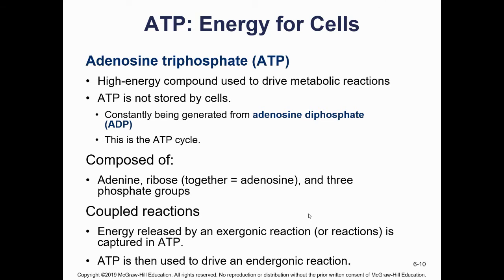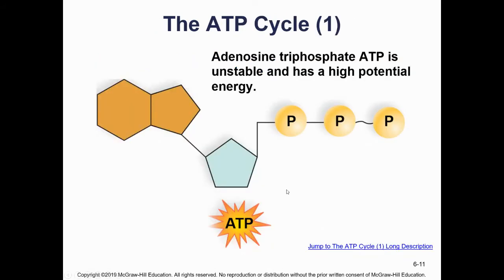The energy my cells use comes from breaking off that third phosphate from my ATP molecule. So I have lots and lots of energy stored here because this is kind of unstable. This third phosphate really doesn't want to be here. So it breaks off easily, and when it breaks, that chemical bond releases energy that my cell can capture and use to do work.